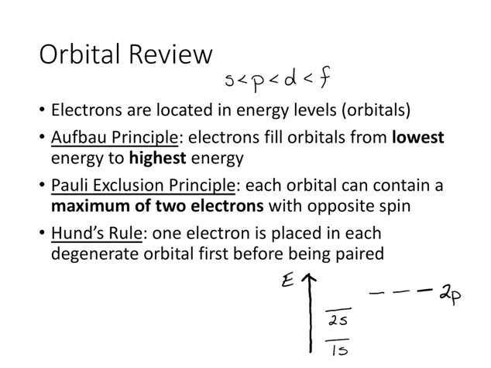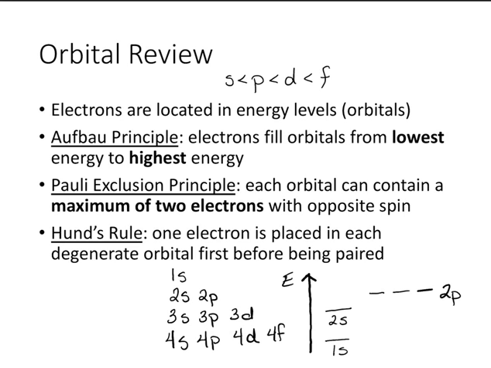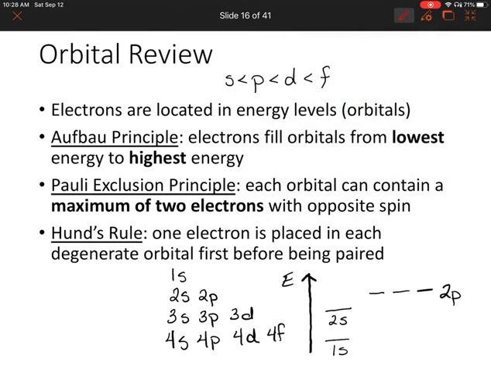So we could keep going. If you have a hard time remembering the order of orbitals, you can draw out or write out each orbital in each level. And we're just adding on orbitals as we go up in energy. And then you can draw arrows.